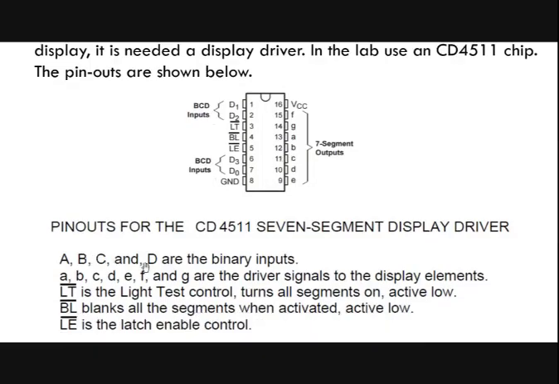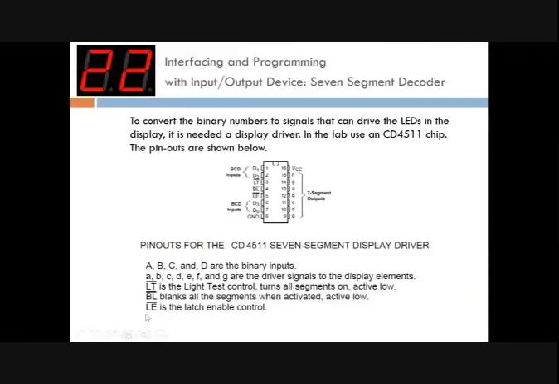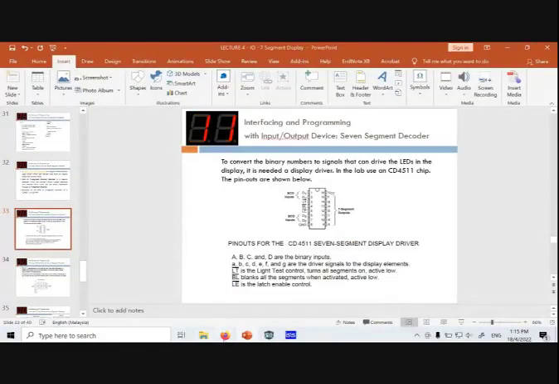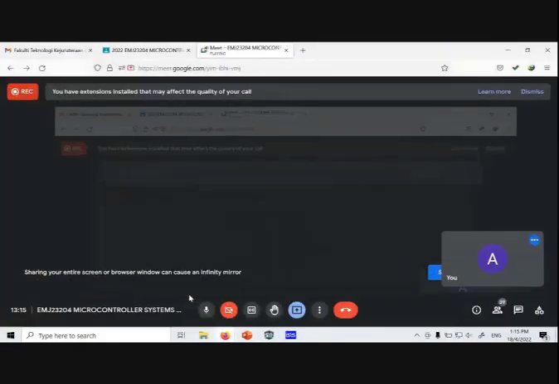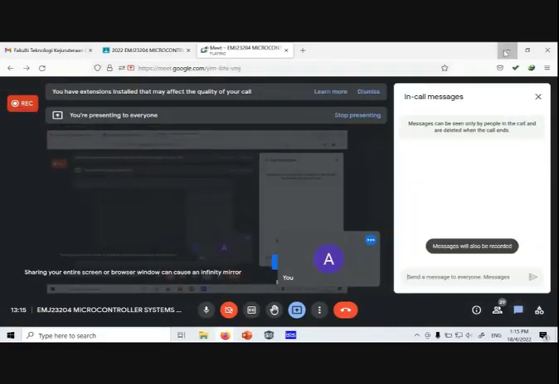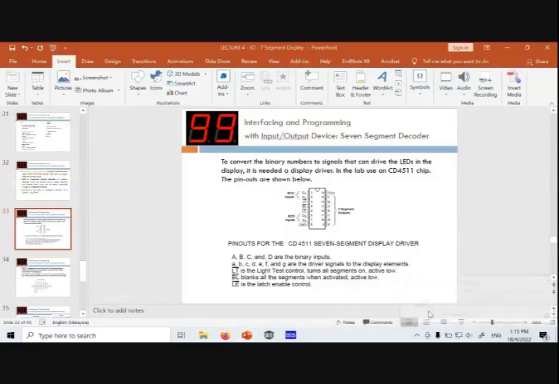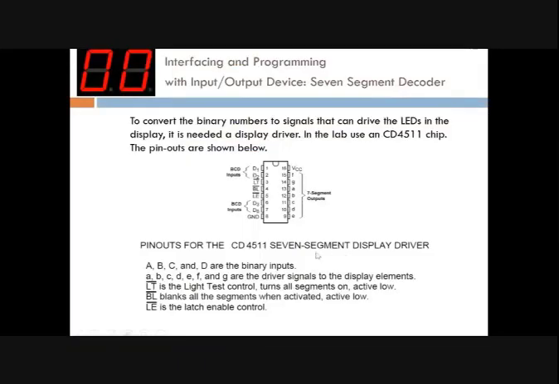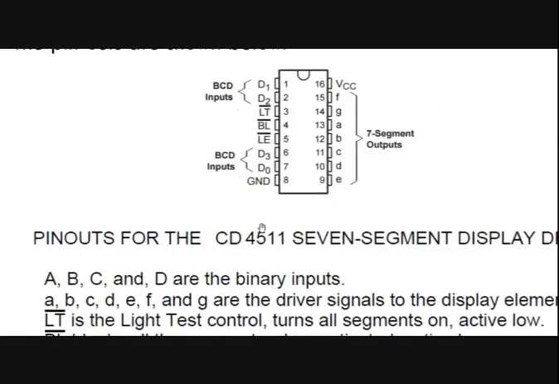A, B, C, and D are the binary input. Okay, no problem. Okay, and then A, B, C, D would be here.